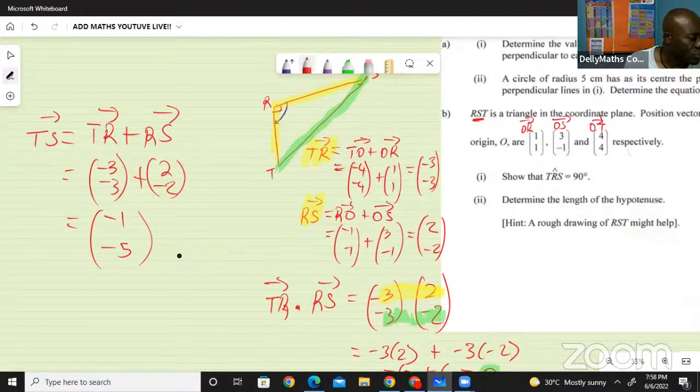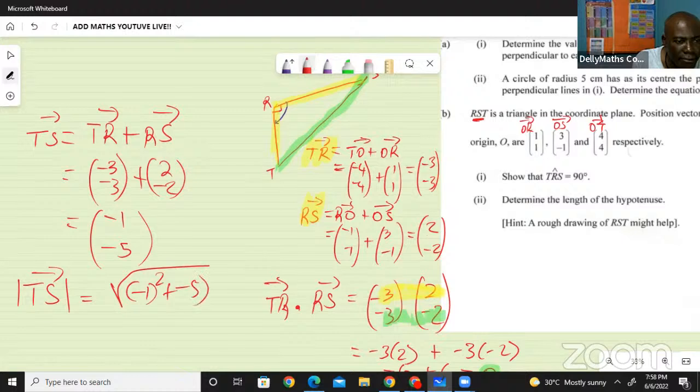So then I'm going to work that out now. The magnitude of the hypotenuse, which is TS, is going to equal the root of -1 squared plus -5 squared, right? And then we are looking at the root of 26.